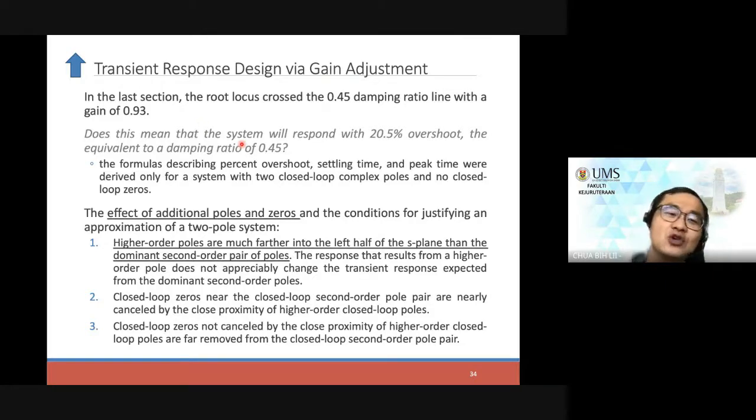So the questions may come in the way like this. This is the designer's question. Someone will ask you, or you ask yourself, after you get this value: does this mean that the system will respond with 20.5% overshoot, because the damping ratio is 0.45? You may ask all this maybe stupid question, but it will let you start to think whether it's correct or not, because whatever you estimate, we're still doing some estimations.